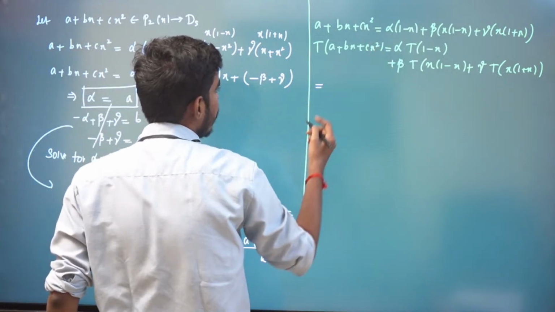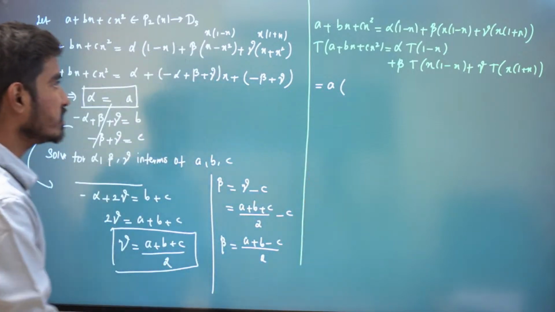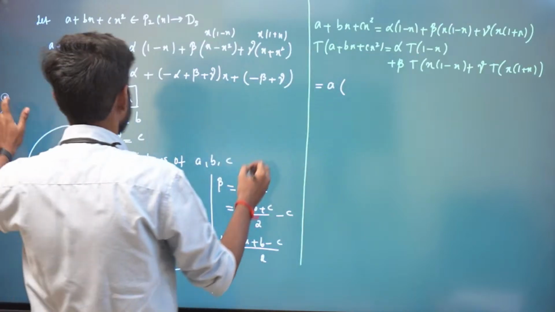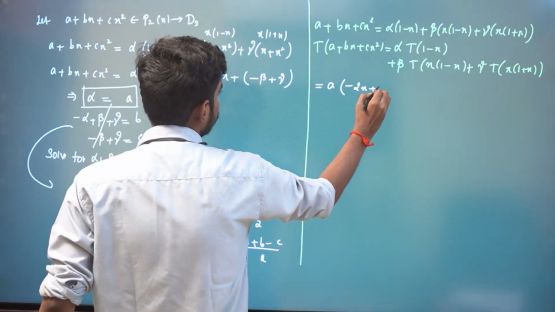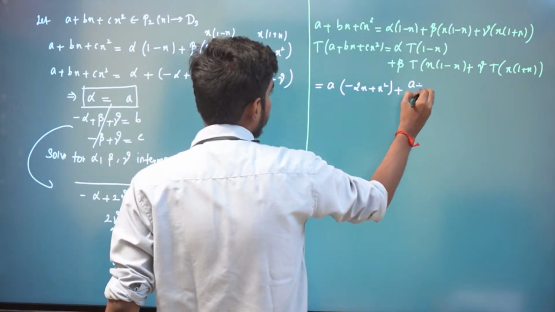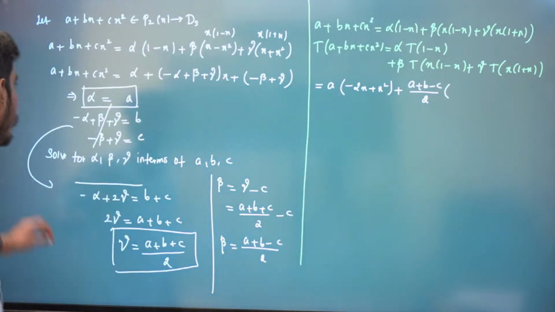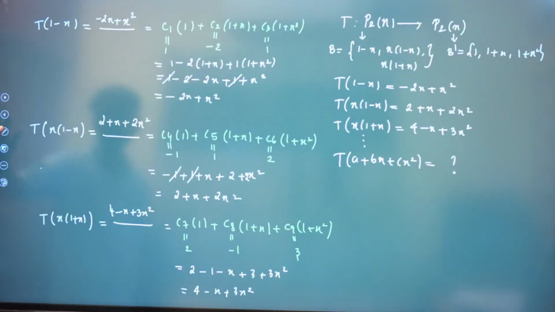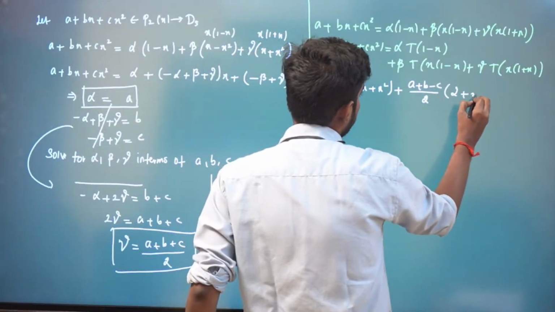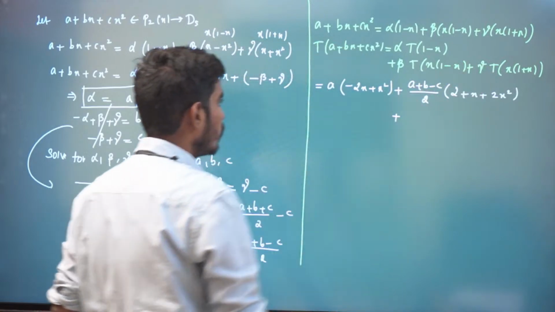It is equal to what is alpha? Alpha is a. What is T of 1 minus x? Minus 2x plus x square, plus beta. So beta is (a plus b minus c)/2. What is T of x(1 minus x)? T of x(1 minus x) is 2 plus 2x square, plus what is gamma?